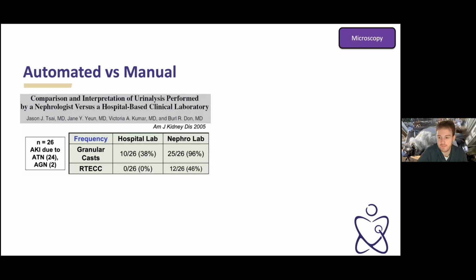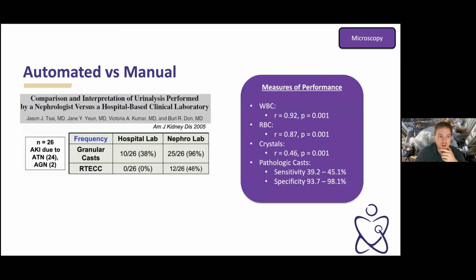There was another study that found that granular casts were identified in 24% of automated results versus 72% of samples by nephrologists, and this is with patients with ATN. Moving away from casts, looking at other measures of performance for WBCs, RBCs, crystals, and casts, there's actually pretty good correlation.